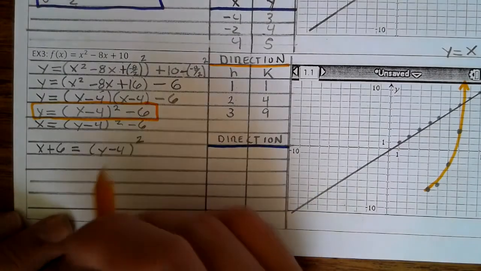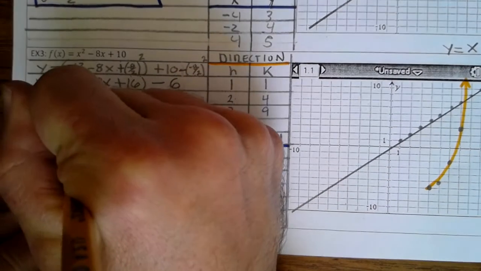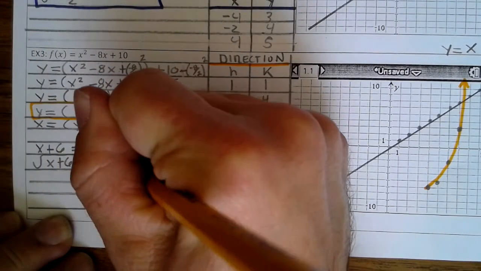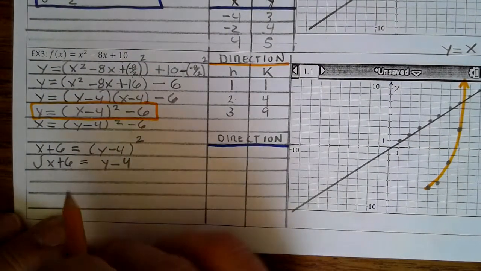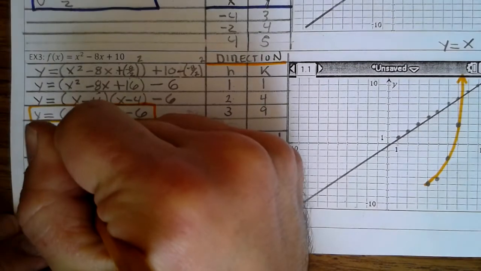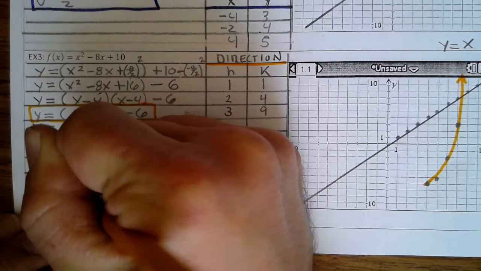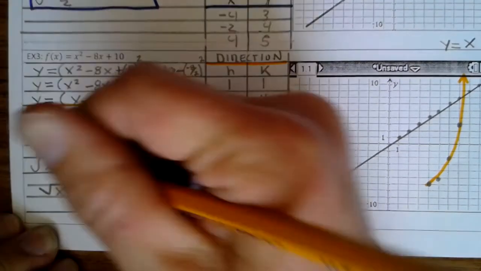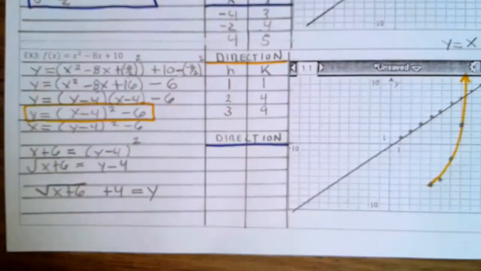We're going to take the square root of both sides. So the square root of x plus 6 equals y minus 4. Add 4 to both sides. You get the square root of x plus 6, plus 4. Make sure that the 4 is outside the square root, equals y.